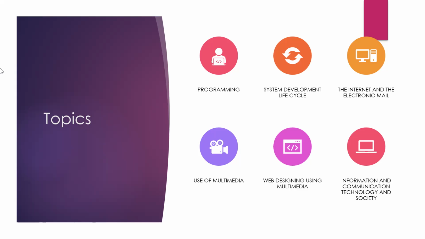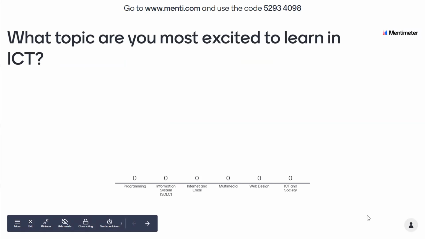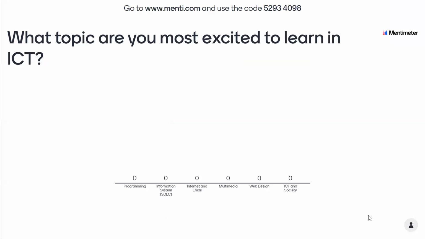I think, yeah. So I'm going to share a small thing. I'm going to share the screen now. I want you to go to menti.com, use this code, right? And then I want you to vote for the 6 topics.